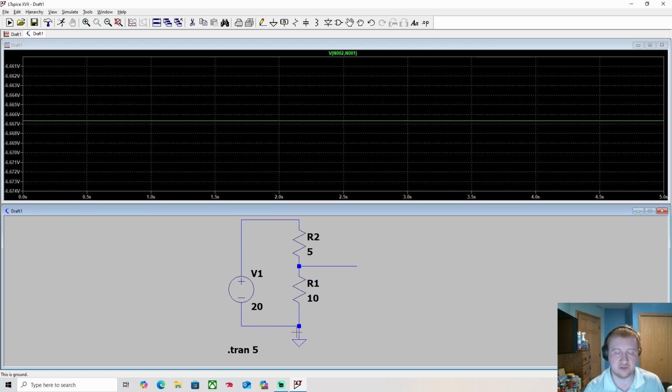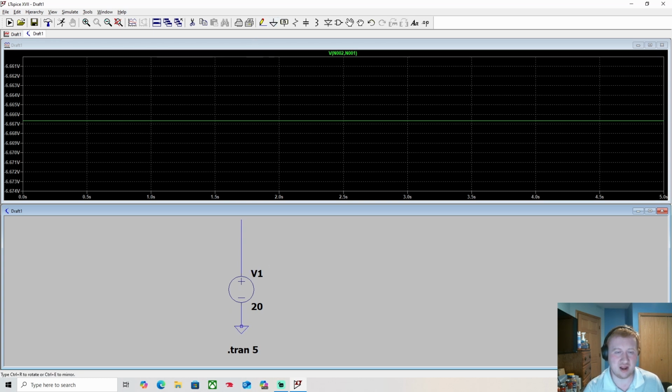But here's another thing that kind of bugged me when it came to circuits, and this is something that was never explained in class. They just kind of drew it this way.